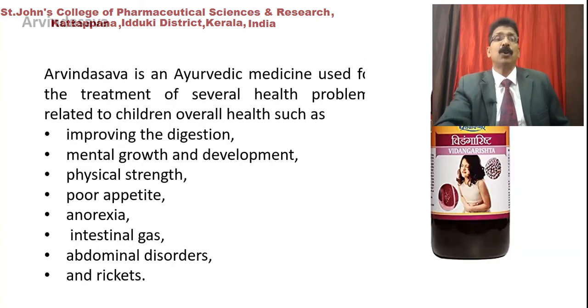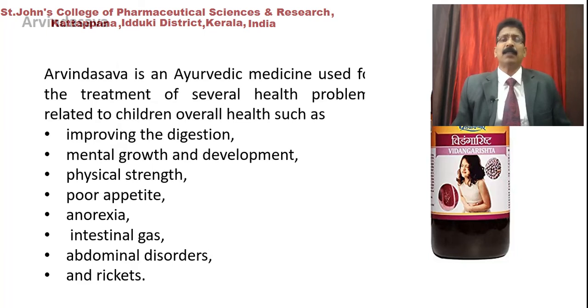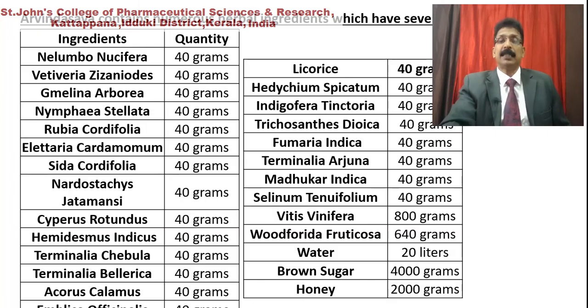So, Aravind Arista is an Ayurvedic medicine used for the treatment of several health problems in children, such as improving digestion, mental growth and development, physical strength, poor appetite, anorexia, intestinal gas, abdominal disorders and rickets. I have added even the constituents present in Aravind Arista.